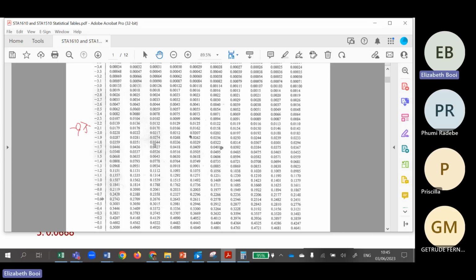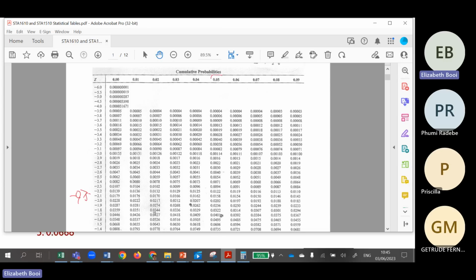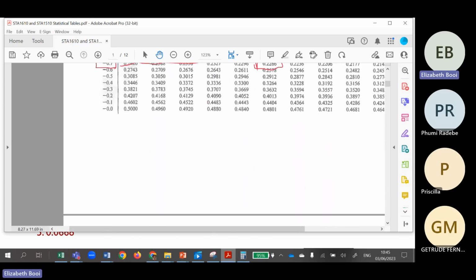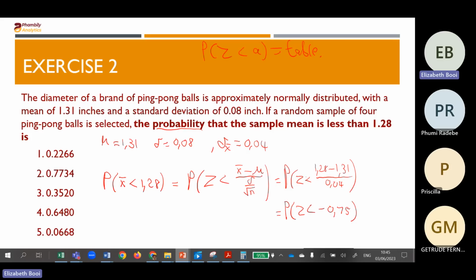So we go 0.7, and then we go to the top and look for the last digit 5, where they both meet. Which is, make it bigger, which is 0.2266. Which is option number 1. Easy, right?